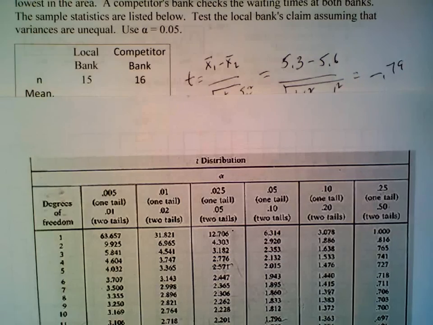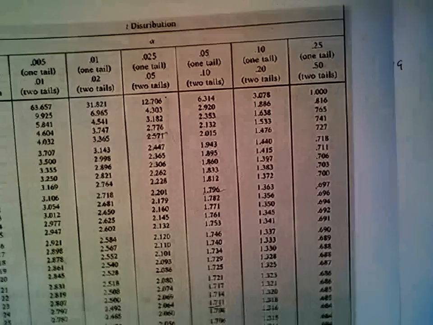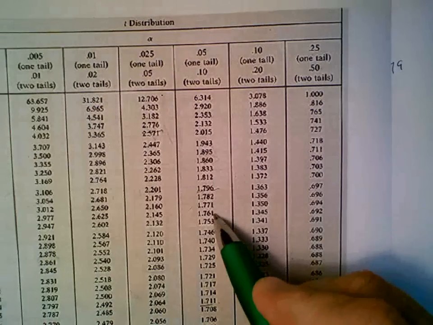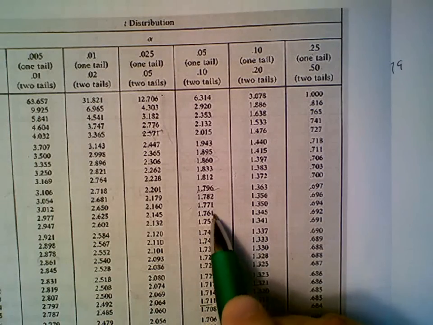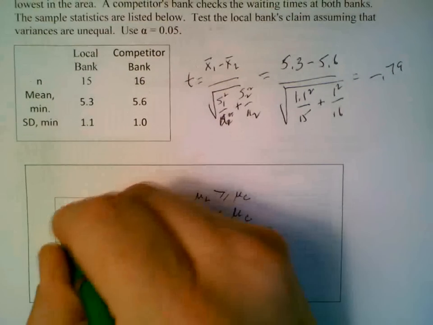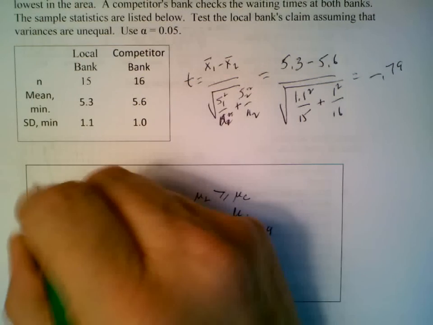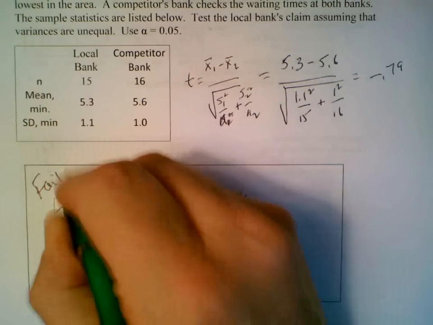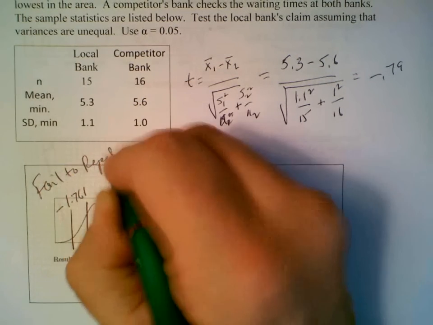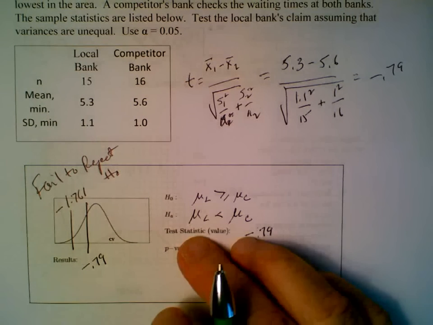So our critical value for a 0.05 one tail is 1.761. And of course that's minus 1.761 because it's a left tail test. And we can see that we fail to reject H naught.